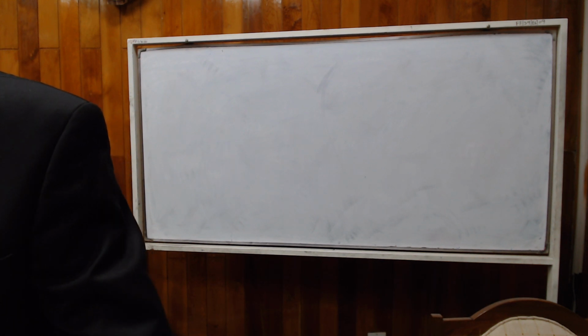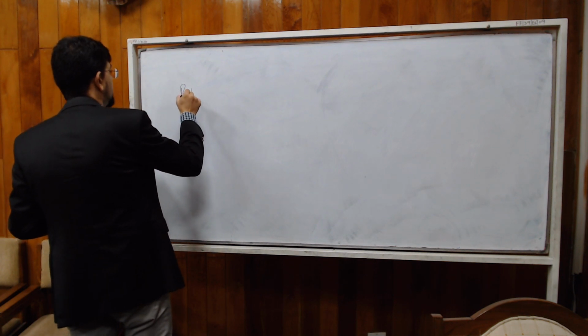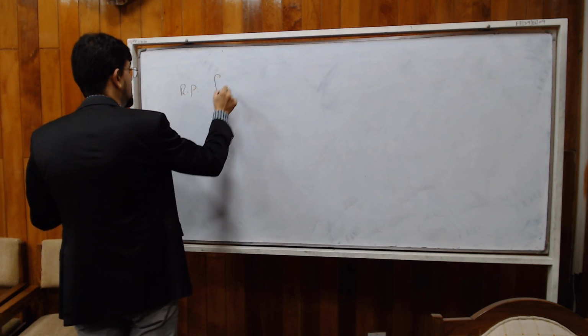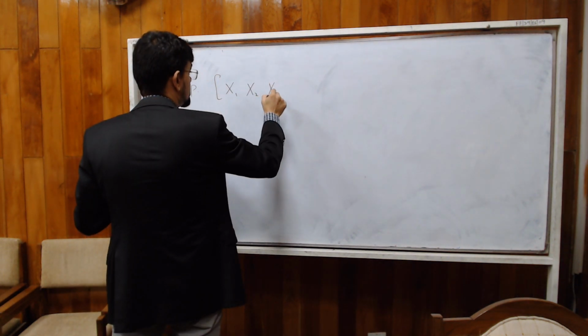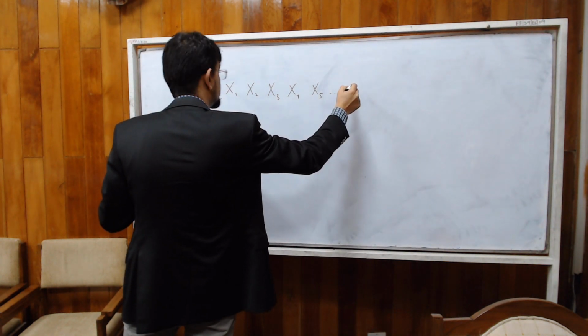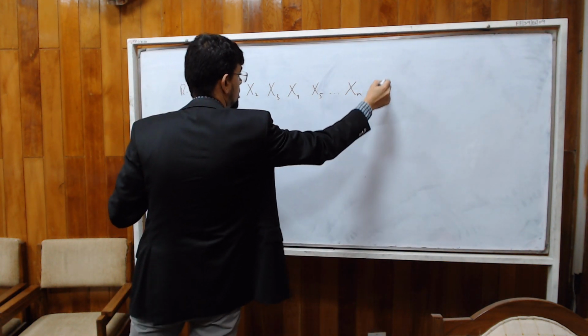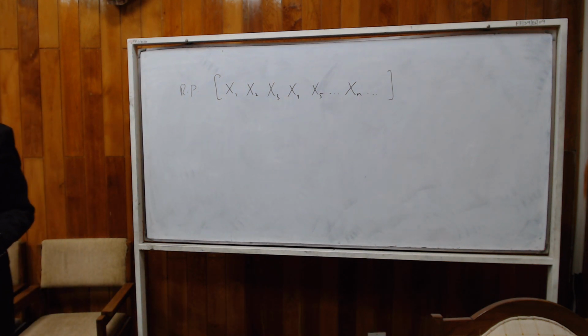To calculate from the formula, right? So let's say there is a random process. We start with this random process. It has some values here. It is a collection of random variables.